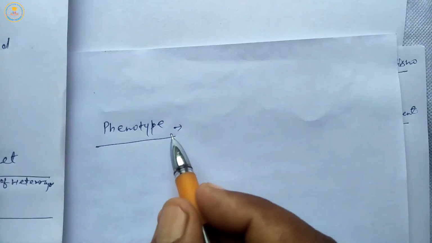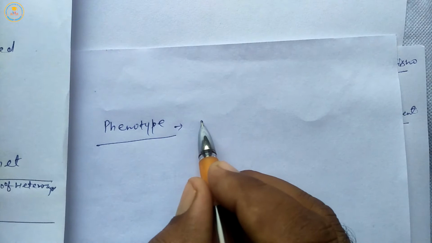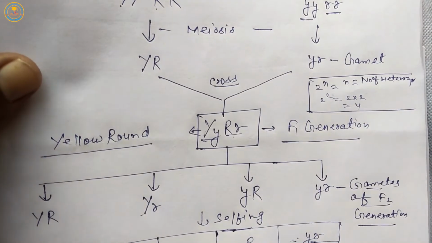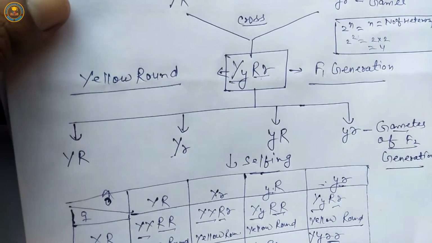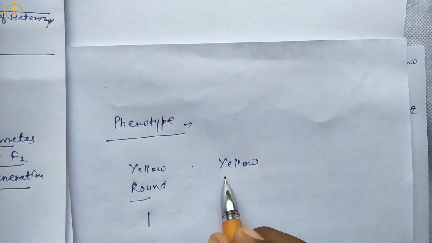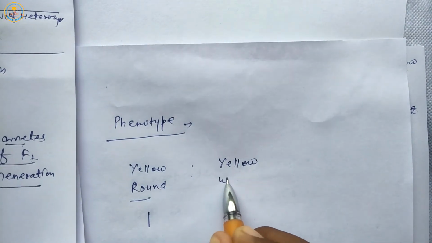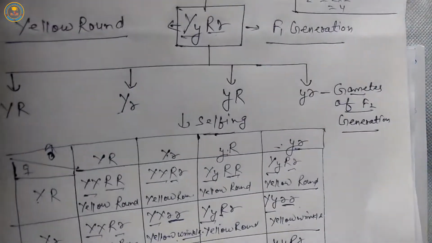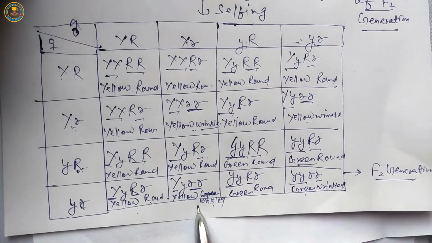It means external appearance. First is yellow round, total 9 plants. Second is yellow wrinkled, 1, 2 and 3.